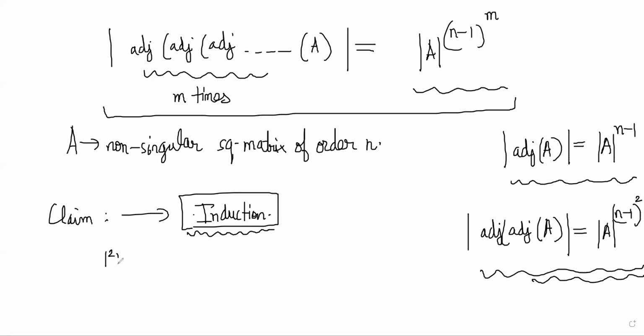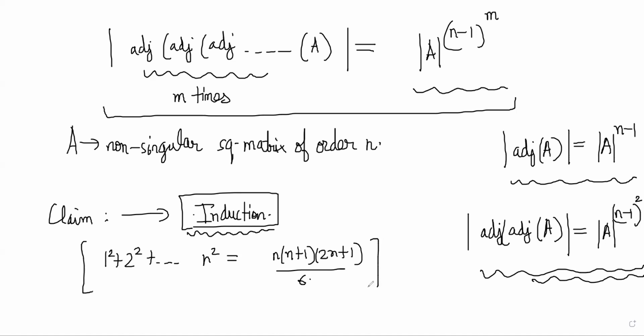How do you prove that 1 square plus 2 square plus up to n square is equal to n into n plus 1 into 2n plus 1 by 6? Do you know the proof for this formula? I don't. Can you do it by induction?